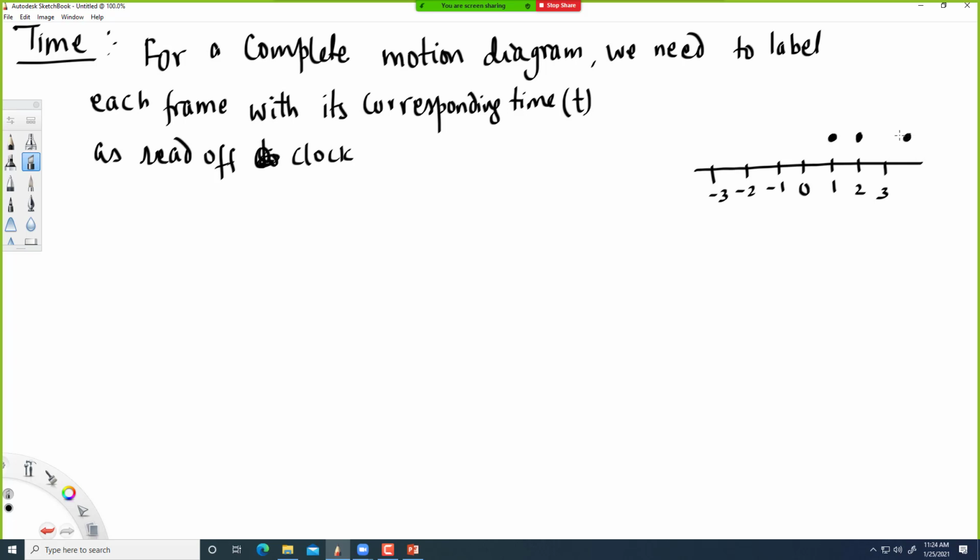Just by saying instance, that does not quantify my motion. So I need to say at exactly 1 second later I am here. In the next second I am here. In the next second I'm here. If I use the time, then I can quantify my motion. That's why I need to also write the time for each of these instances: at what time I'm here, at what time I'm here, at what time I'm here. That's why we need the time.